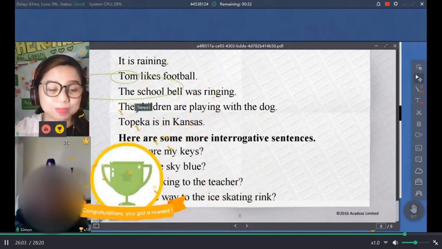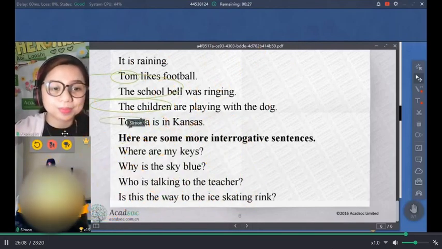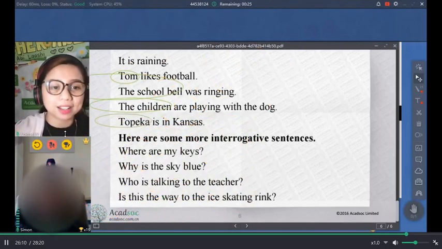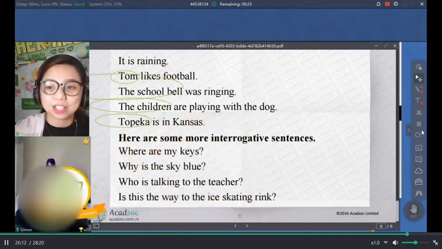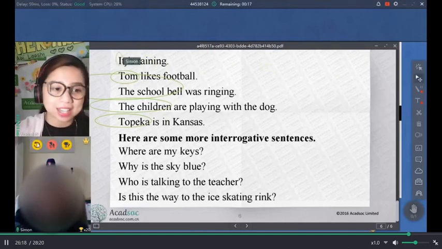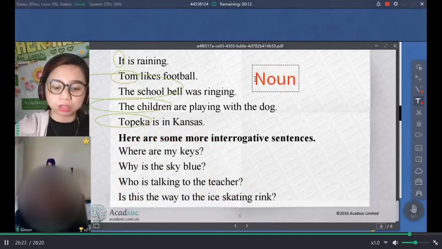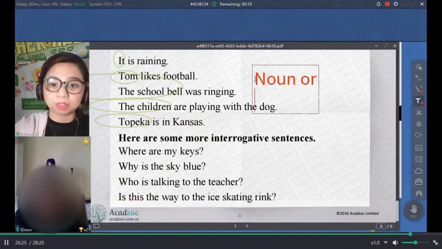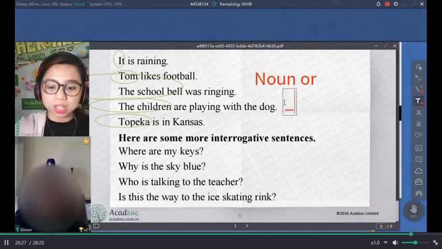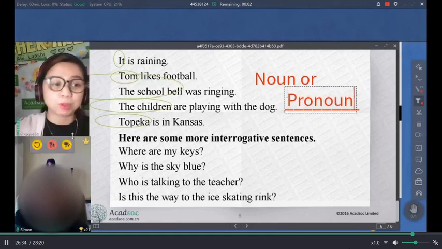The children. Topeka. And how about the first one? It is raining. It. Very good. Usually a subject is a noun. If there is no noun, what substitutes a noun as a subject? Pronoun. Yes, perfect, Simon.